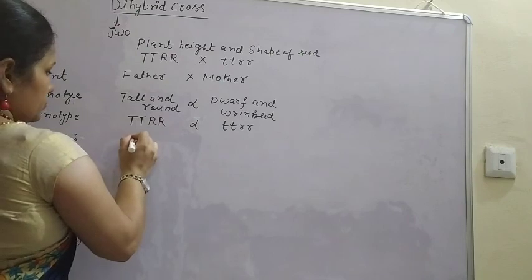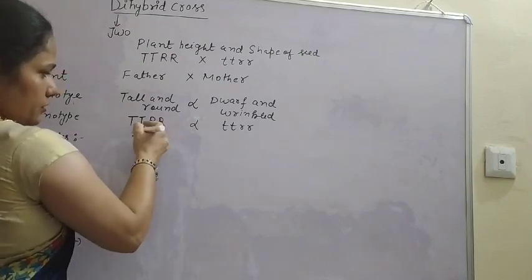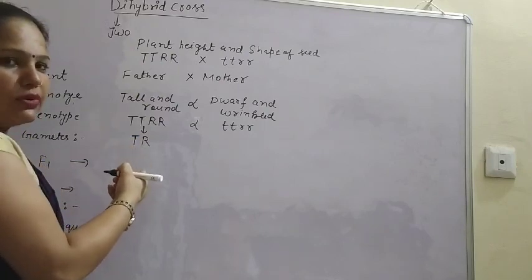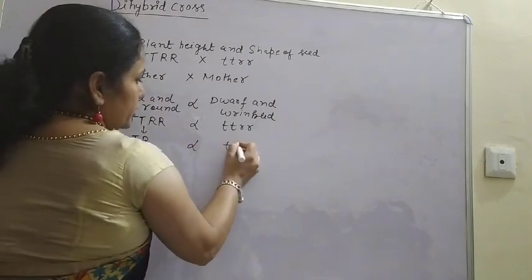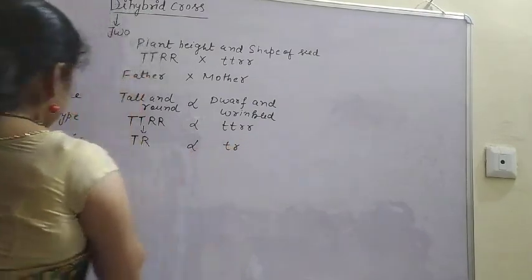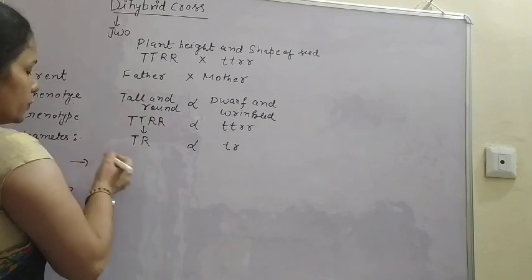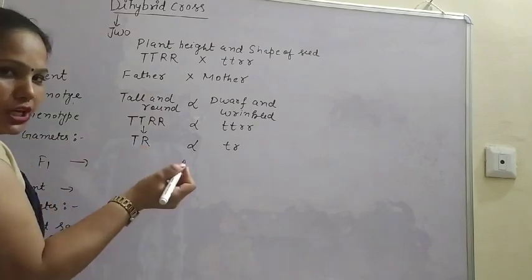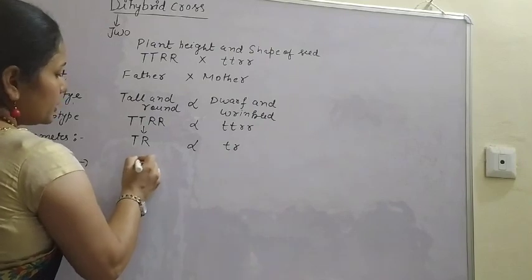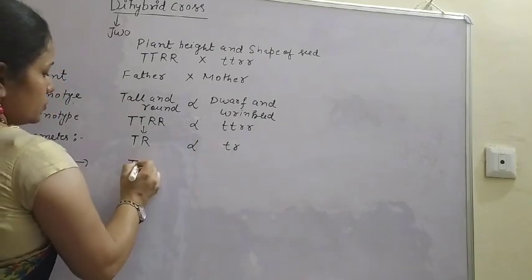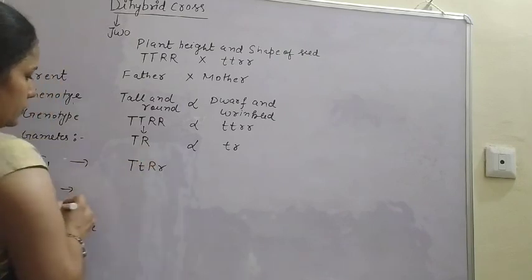Then the gametes. What are the gametes? Both are the same, so I am taking only one: capital T capital R, and small t small r. Then in the F1 generation, what will be the progeny? Progeny means the new generation. So capital T small t, capital R small r.